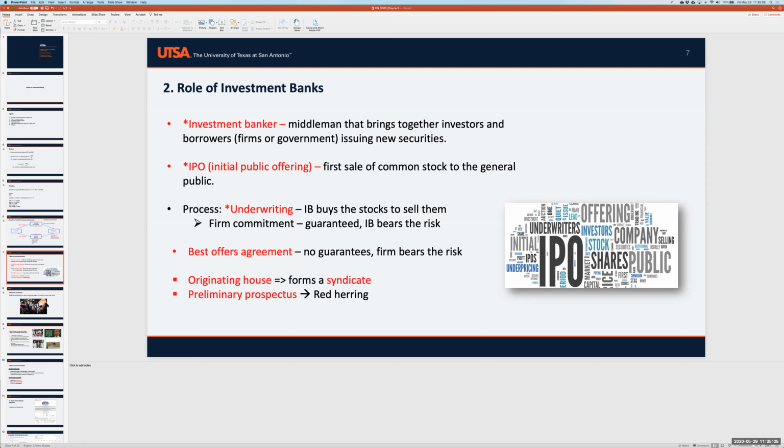Anyway, originating house is, just think about, you want to sell your stock and you need to find an investment banker, let's say Bank of America or Merrill Lynch. But it's a very big IPO. You're selling 100 million shares, each worth $10.